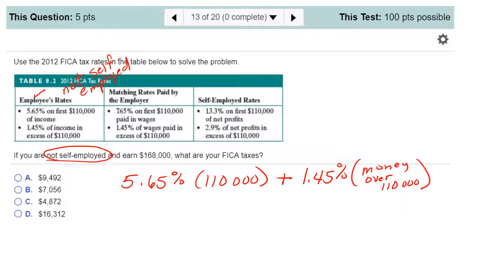And that will be the FICA. In this example, this person made $168,000. So $168,000 minus the $110,000 would say that that person had $58,000 over the $110,000 level.